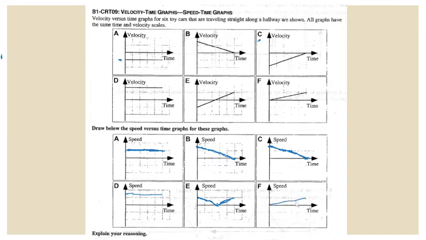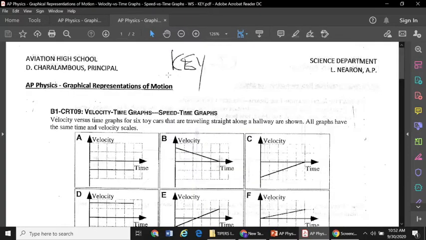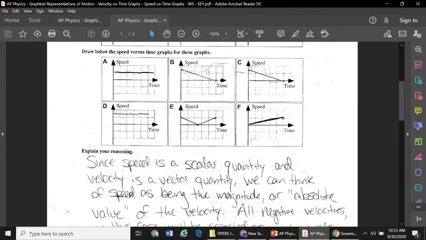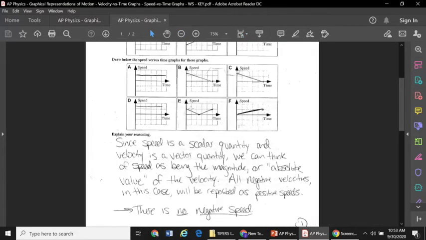The idea here is that the speed is the scalar version of velocity. And so since speed is a scalar and velocity is a vector, we can think of speed as being the magnitude or the absolute value of the velocity.